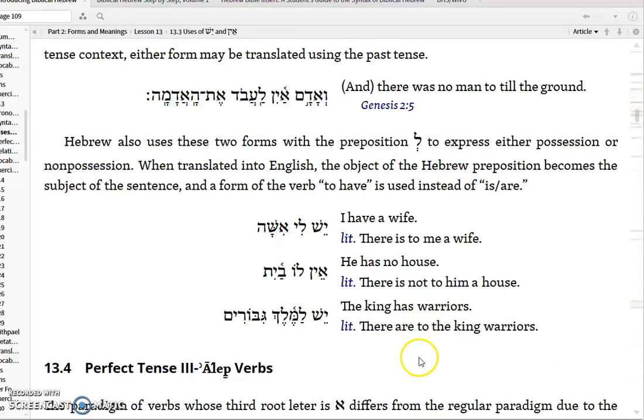That's the formulation, using yesh for saying that they positively do have something, and ein by saying that they do not have it. You do not negate a yesh, rather you use this form ein.